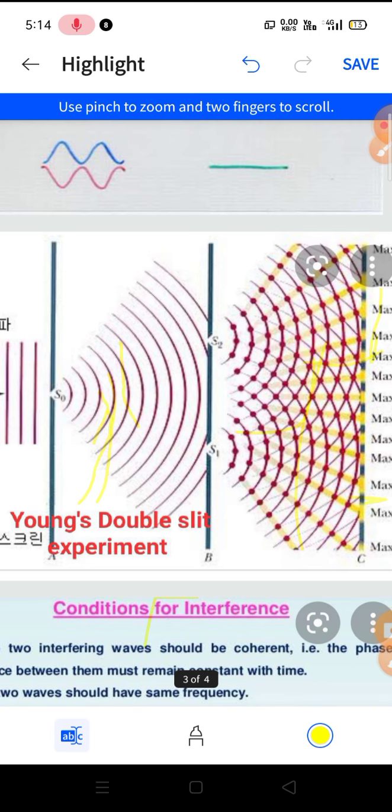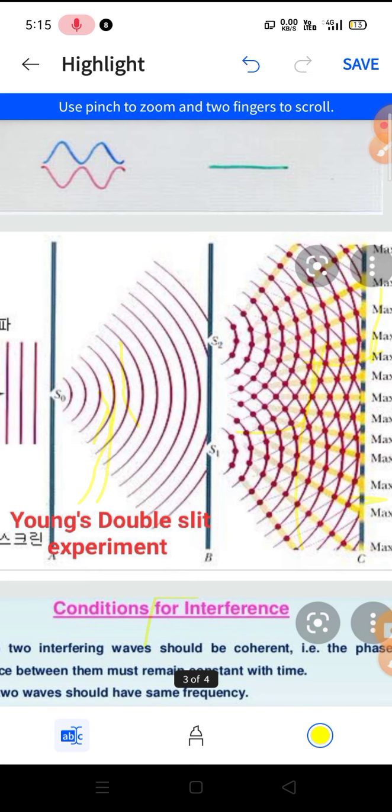The second condition is that the sources must emit waves in the same phase, which is the coherence condition. And the two sources must be very close to each other, so that the path difference between any two rays from the two sources which meet at a point must be small. These three conditions satisfy the condition for coherence.